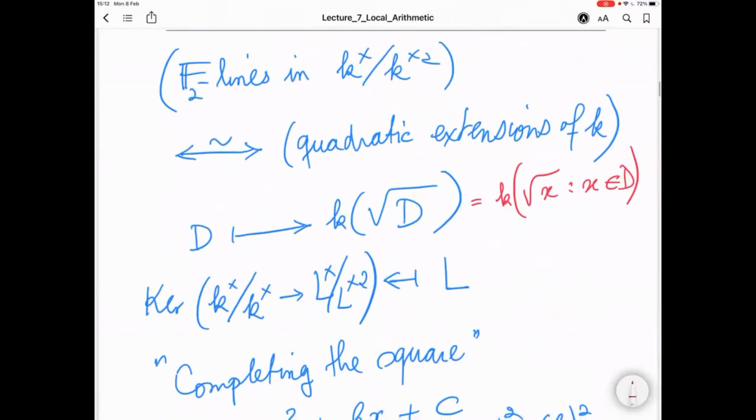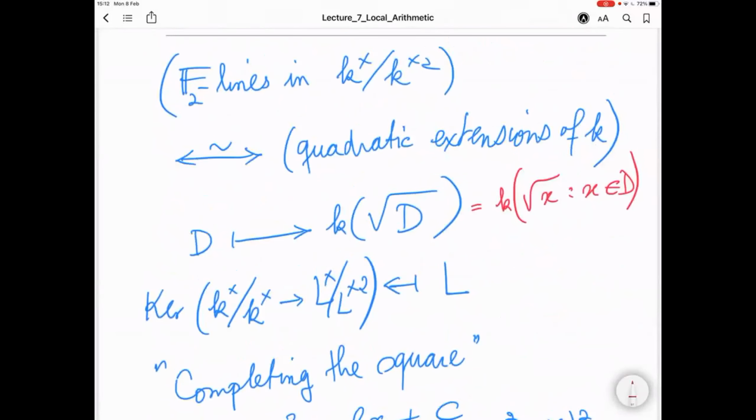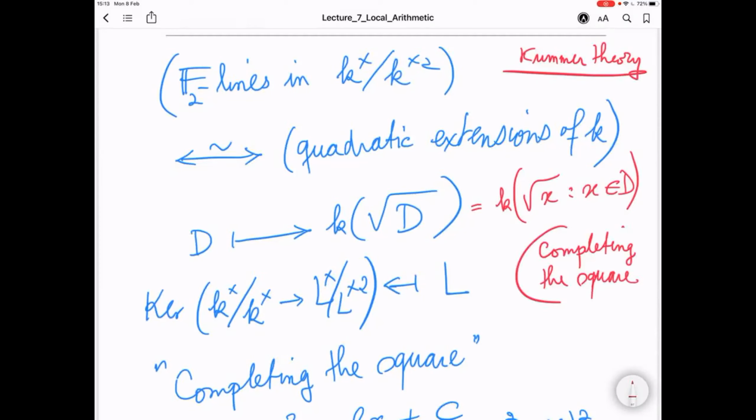So, this follows from either Kummer theory, that's a fancy way of saying it, or just by completing the square. So what is the assertion?